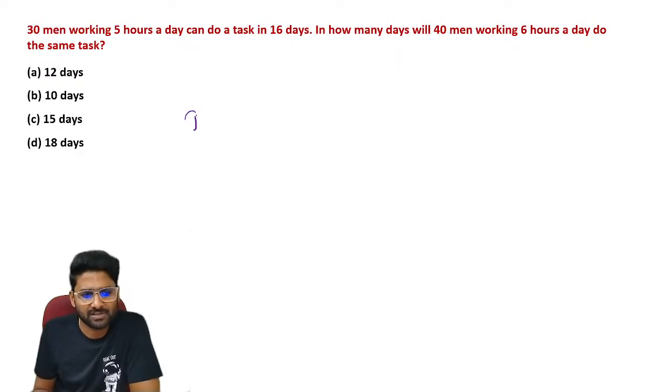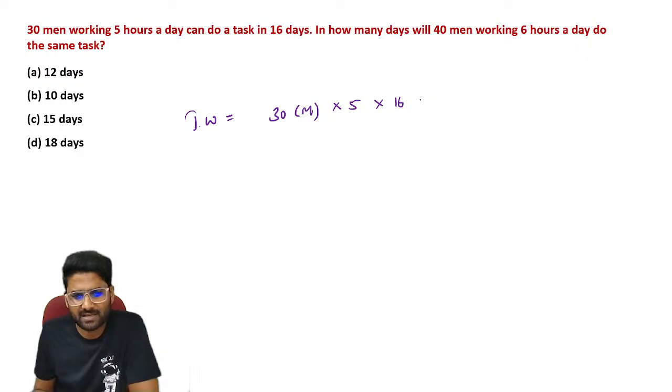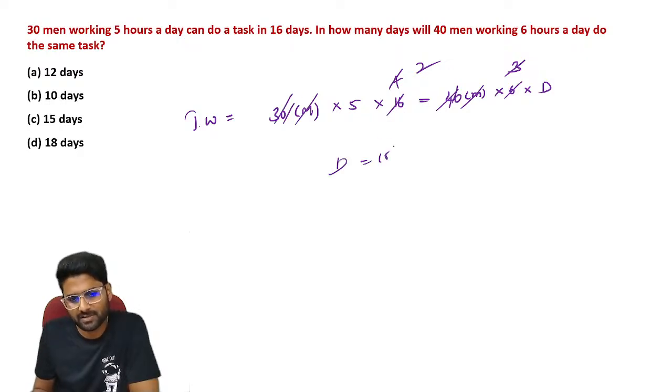The total work is the same. Men's efficiencies are the same. 4 and 6 times 4 exactly cancel, 3 and 3 cancel. Then the number of days is 10.